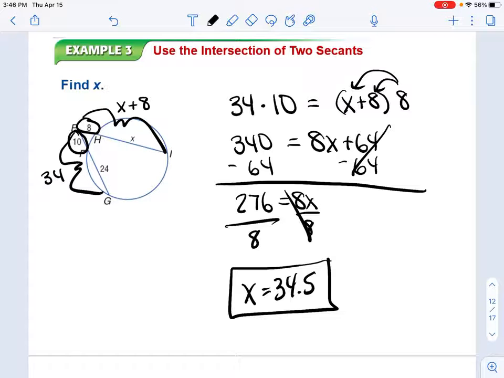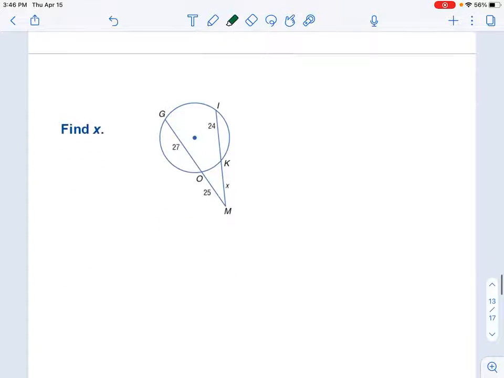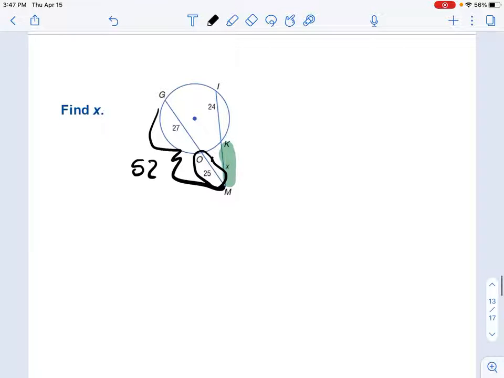Okay, now the next one mixes it up a little bit. You'll notice that the x value has been inside the circle for our last two examples. Now the x is on the outside. That will change it. So once again, this side is still the same setup over here. We have 52 for the whole thing. We're going to multiply that by 25.